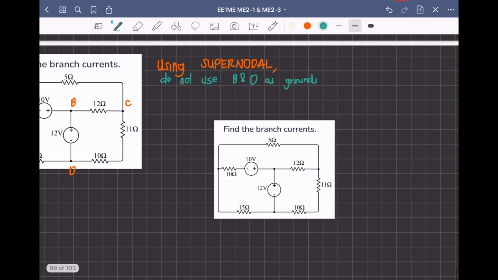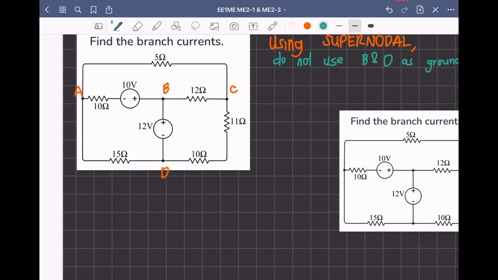Okay? Do not use B and D as grounds to be able to proceed to apply supernodal solution. Okay? So, ibig sabihin, you can either choose in between node A and node C as your ground.